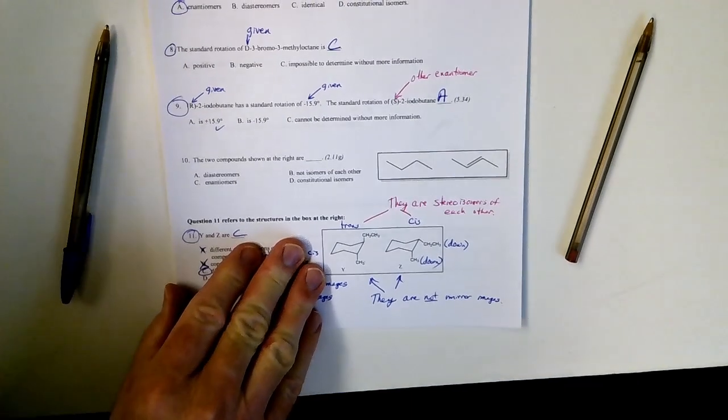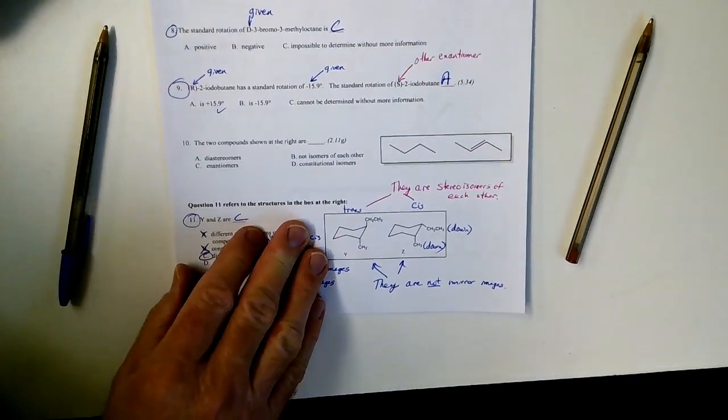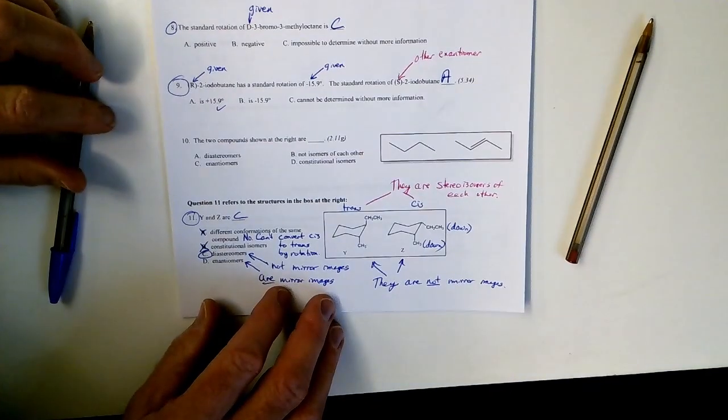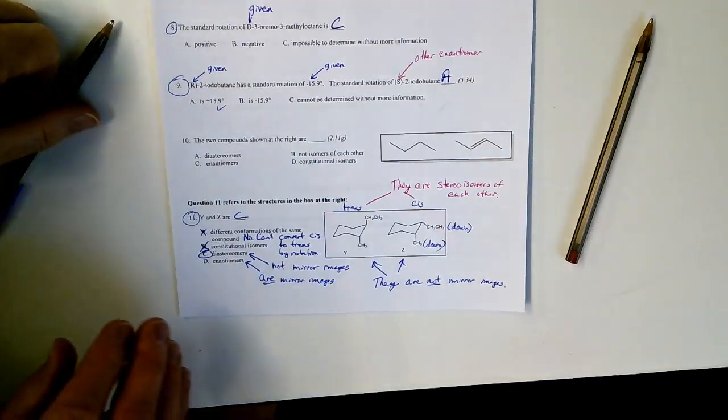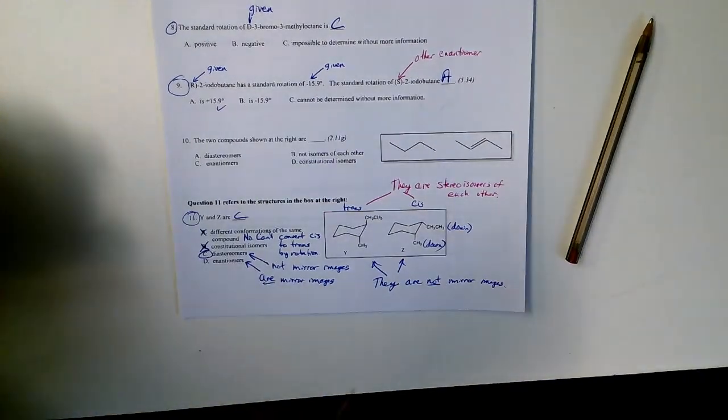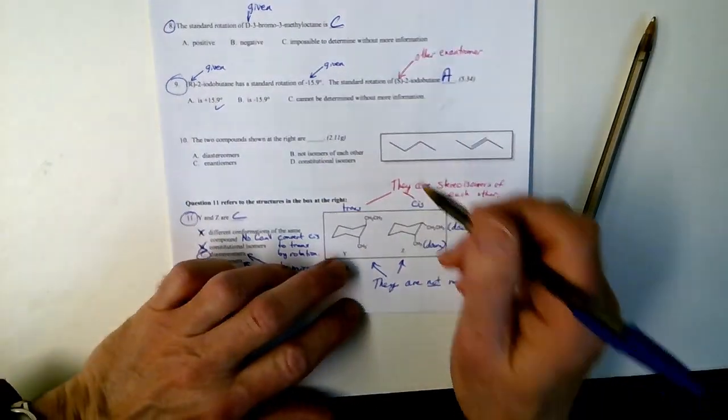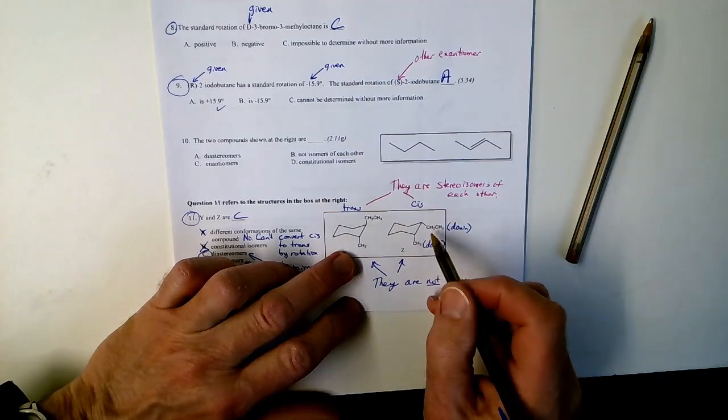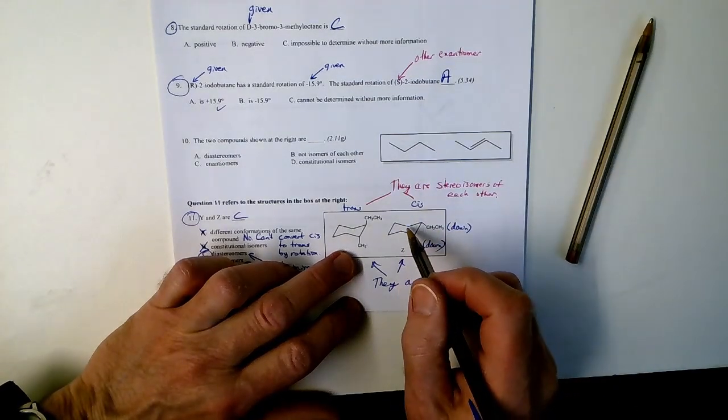Okay, any questions on that page? Yeah. So what would make them mirror images then? Yeah, you would have to draw this one backwards.